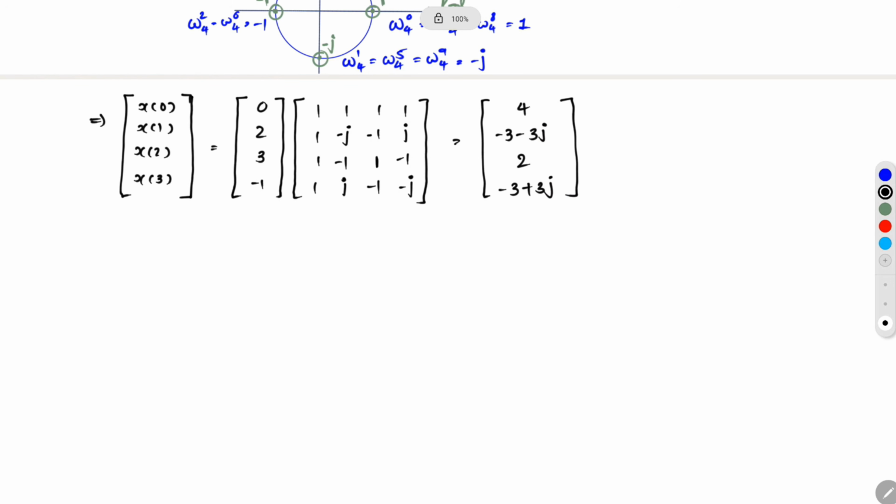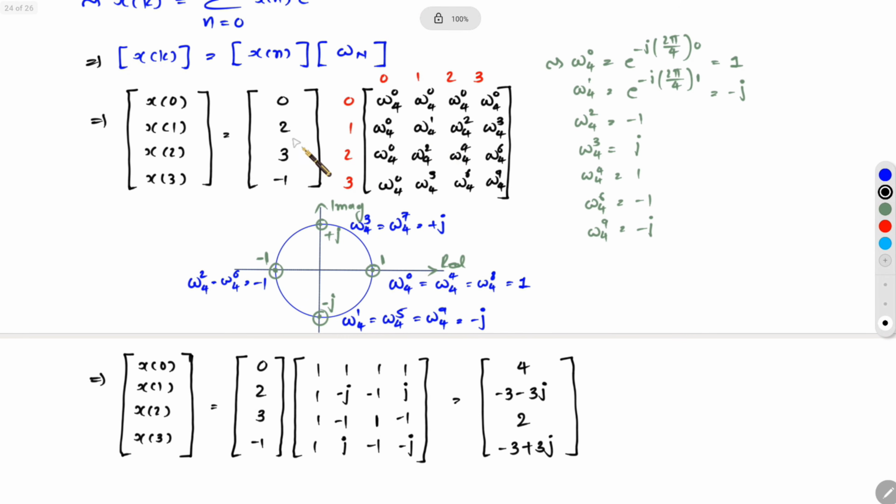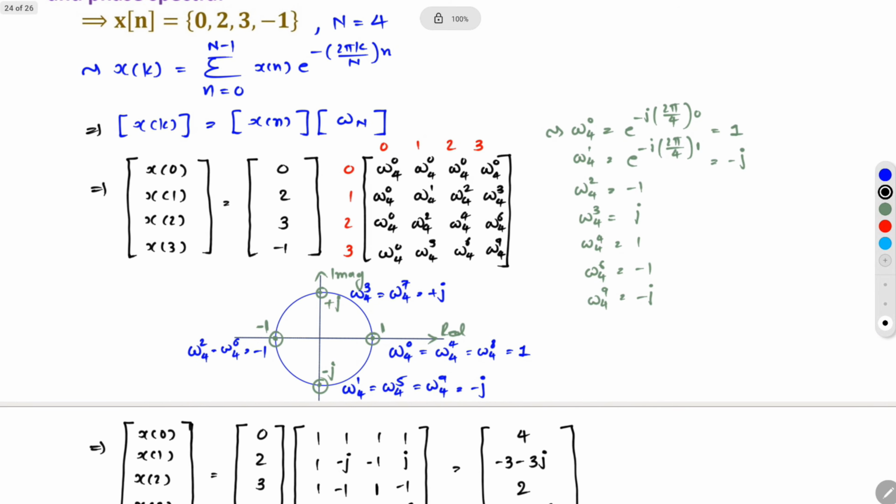Right. And that one can solve by this matrix multiplication. So first of all, you need to know how to write this matrix. Note down 0, 1, 2, 3, 0, 1, 2, 3 like this. And then W4. Why I am writing W4? The reason is capital N is equals to 4. So W4 to the power 0. W4 to the power 0, that is based on this multiplication of 0 into 0, 0 into 1, 0 into 2.